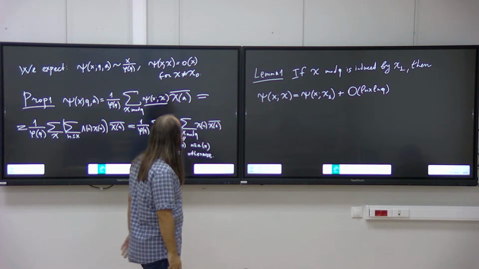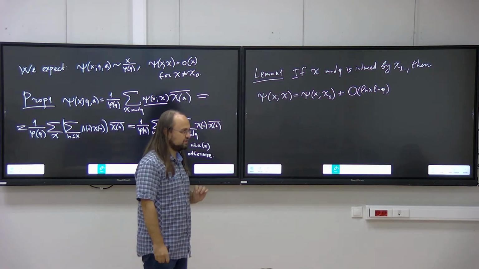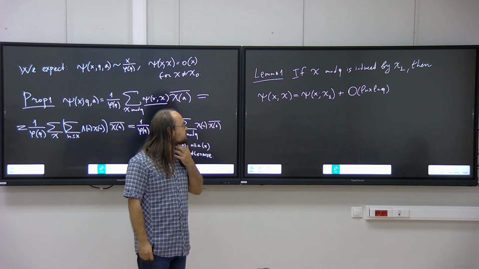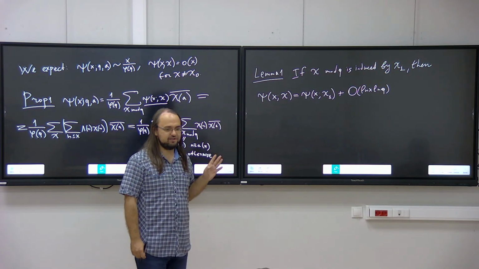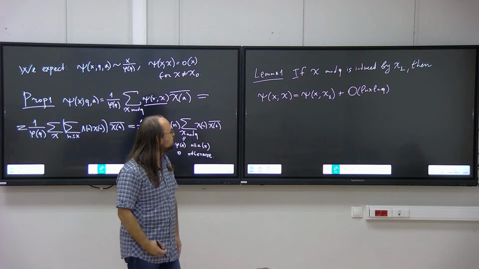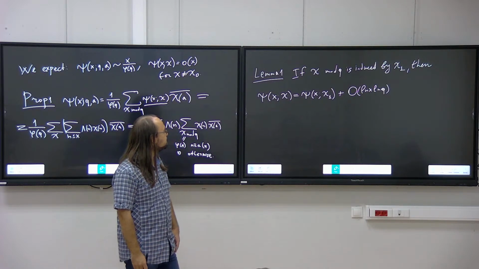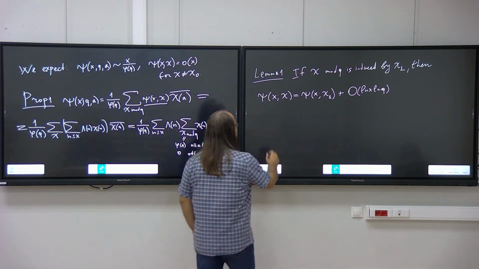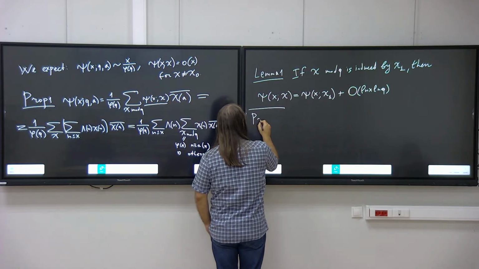So basically, every twisted Chebyshev function is equal up to some logarithmic error term to the twisted Chebyshev function of the primitive character. And the proof is very straightforward.